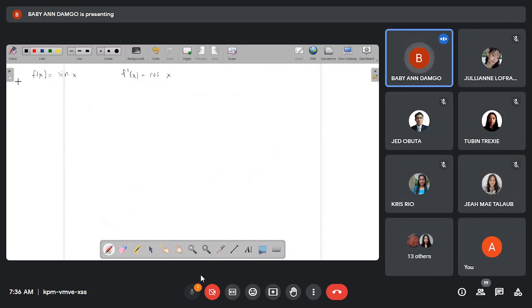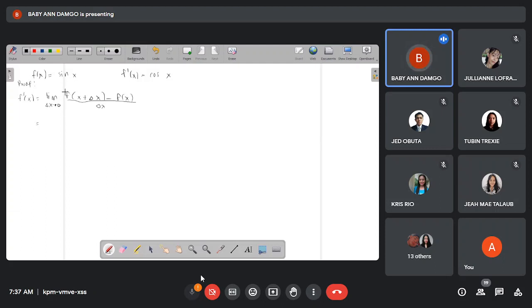So, proof. So, by the definition of the derivative of the function f, ang derivative sa f of x is equal to the limit of f of x plus the change of x minus f of x all over the change of x as the change of x approaches 0.